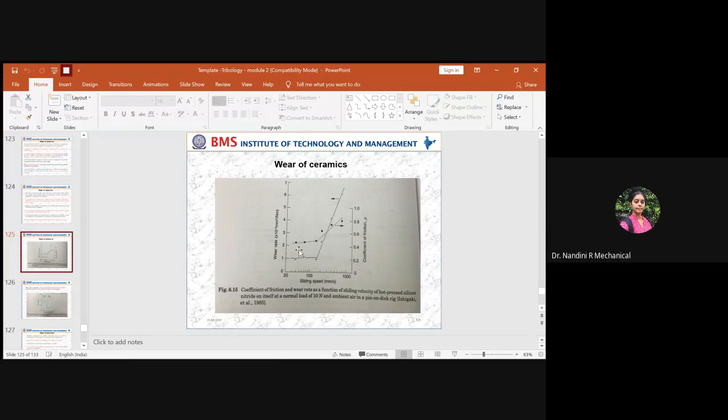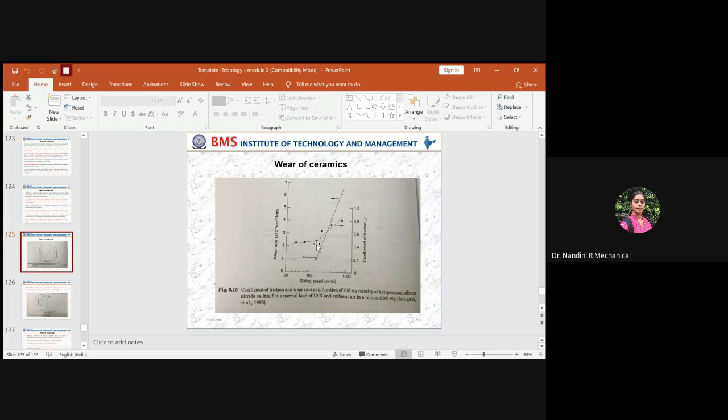So this was about the coefficient of friction value for silicon nitride when it is hot pressed with a load of 10 Newton. If you look at this graph, we can identify the safest sliding speed for silicon nitride. It has to be below 100.